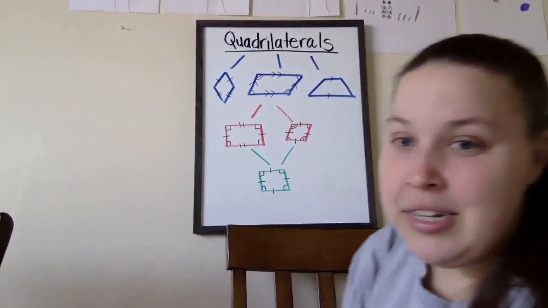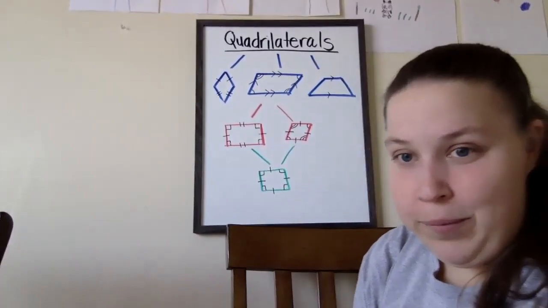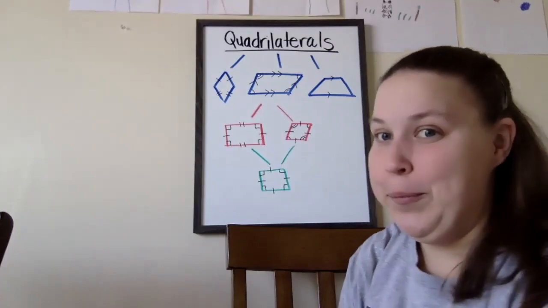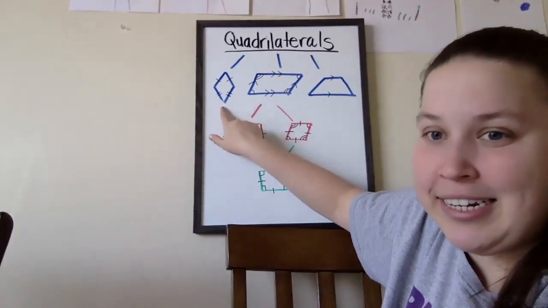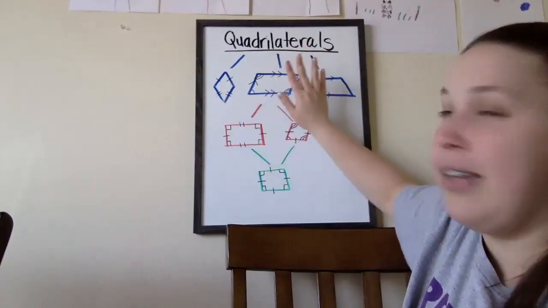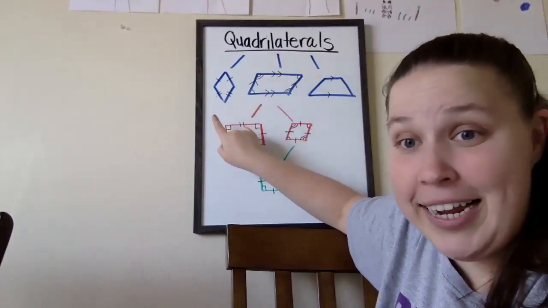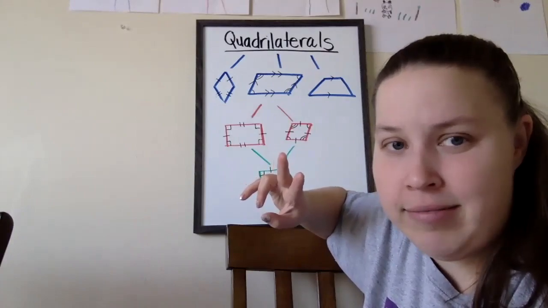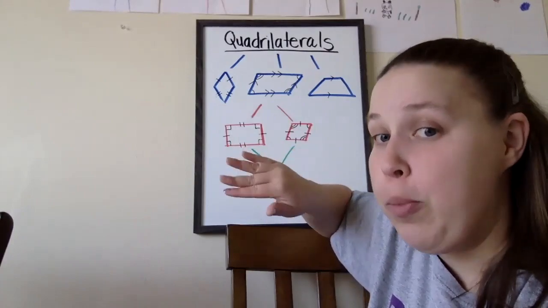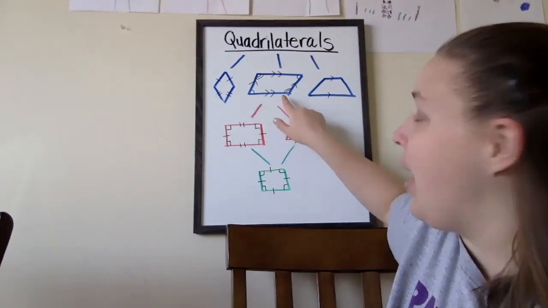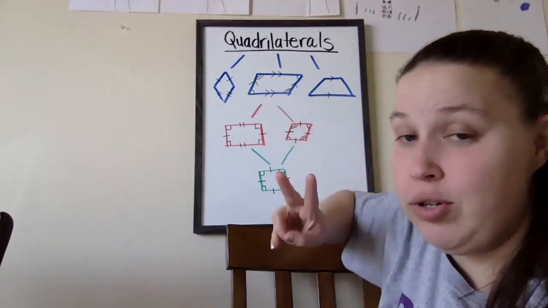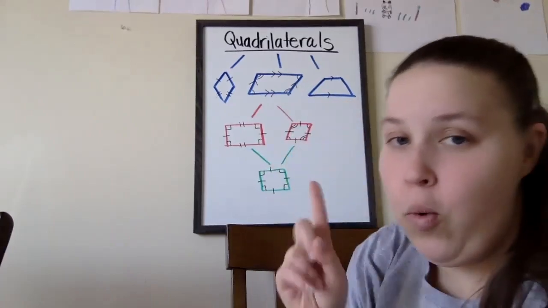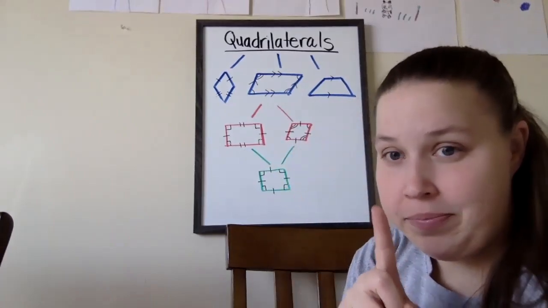Okay? So, review. Bear with me. You still with me? You haven't stopped the video yet? Okay, cool. Kite. A kite has two pairs of adjacent sides that are congruent. Okay? No parallel. A parallelogram, two sets of parallel sides. A trapezoid, one set of parallel sides.